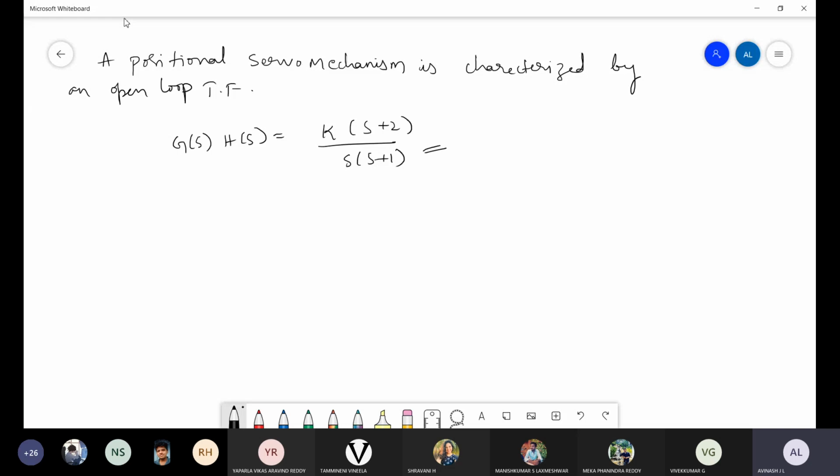From this we need to find the characteristic equation, and after that we apply the RH criteria.